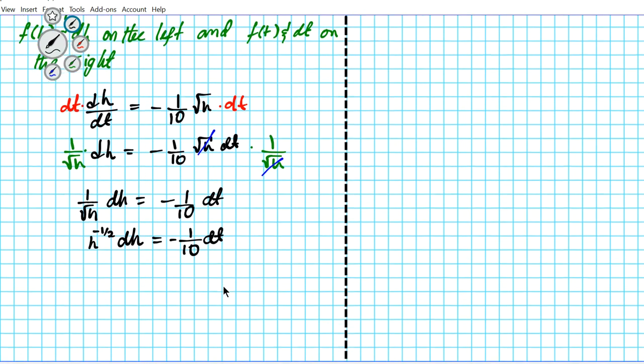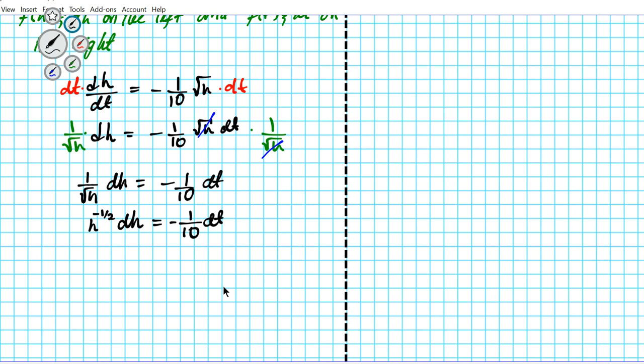We're going to integrate both sides to get rid of these infinitesimals that we have here, the dh and the dt namely. So 2, we are going to integrate to get rid of the dh and dt.